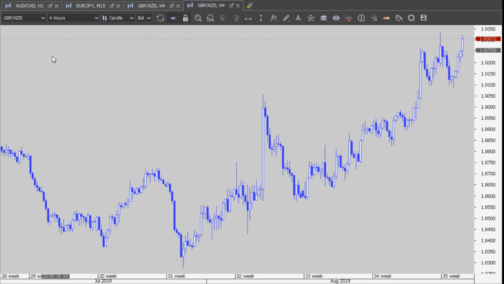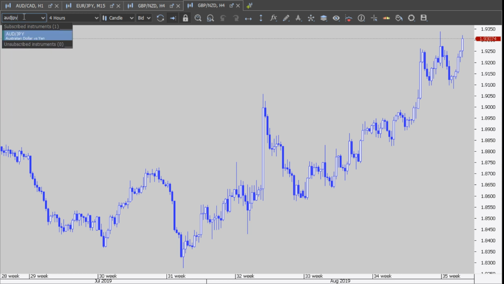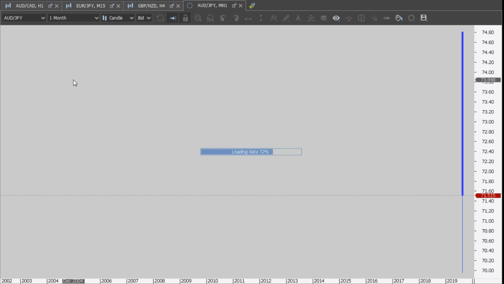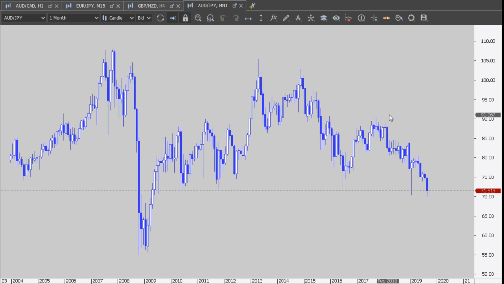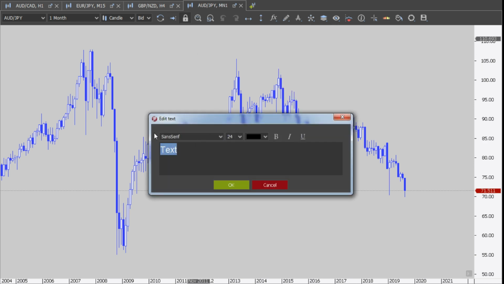Now the last one. Oh, let me think. AUD JPY monthly chart. And this is going to be our homework, everybody. Homework: find pivot points on USD JPY, Euro USD, GBP USD, AUD USD, what else?